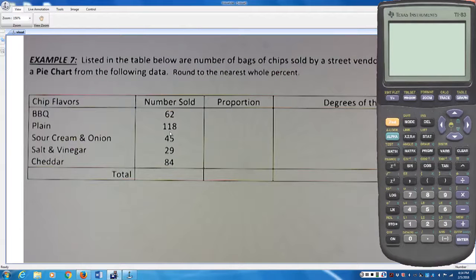And the first thing I'm going to do is total up how many bags of chips this vendor actually sold. And this vendor sold 338 bags of chips.